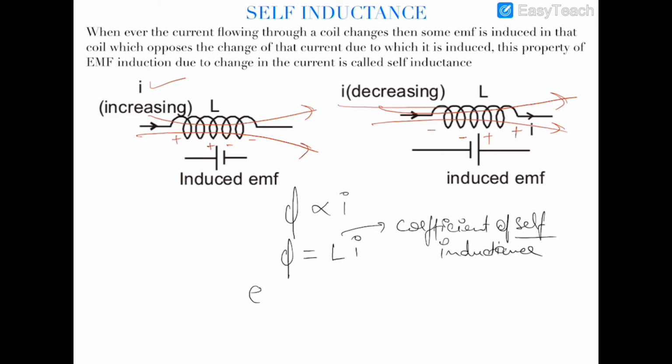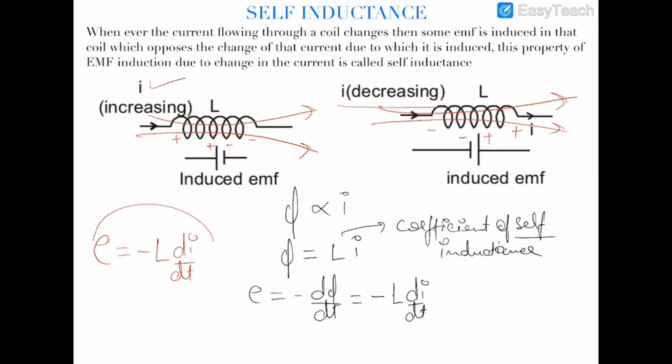Now the EMF we know is minus d phi by dt, and it is equal to minus L di by dt, because L is a constant which is dependent on the physical properties of this inductor coil. So this EMF is E is equal to minus L di by dt, where L is the coefficient of self inductance.